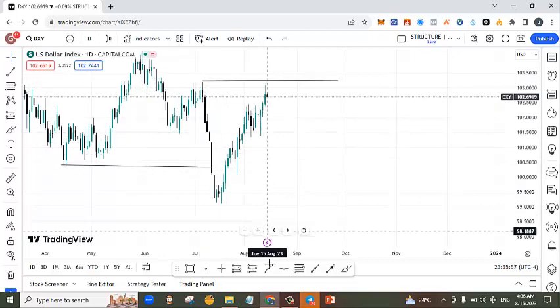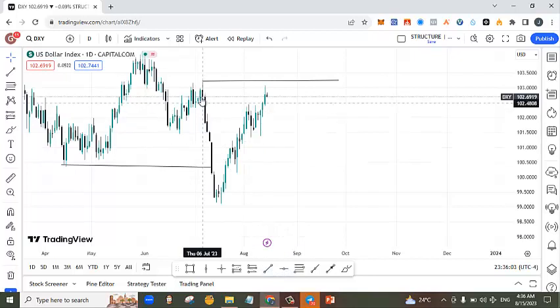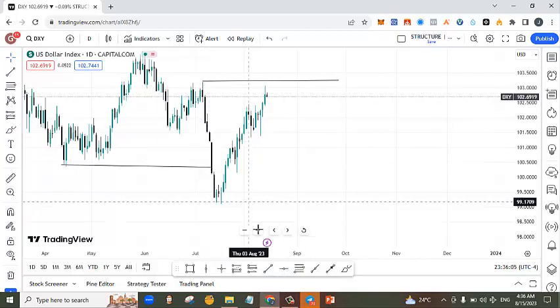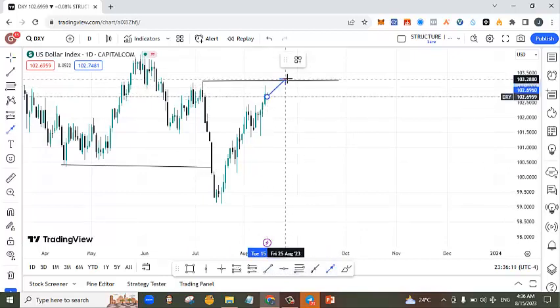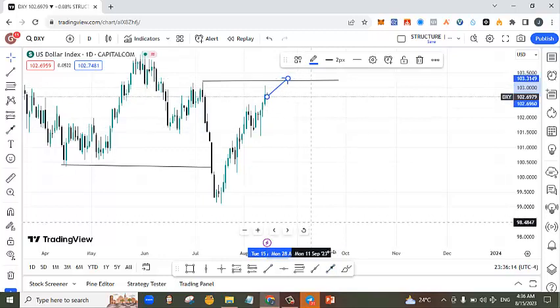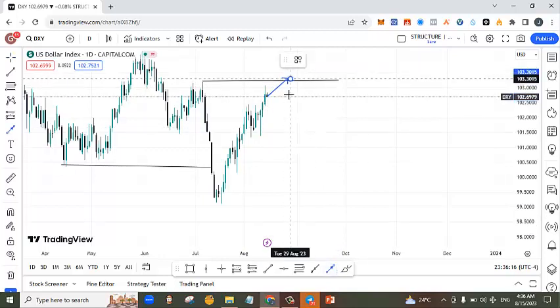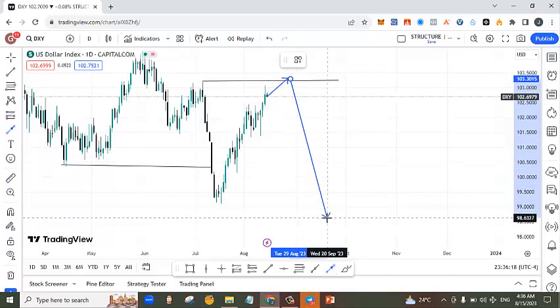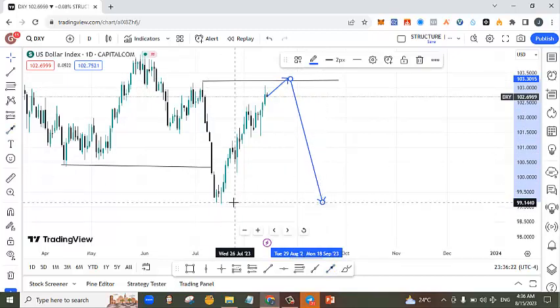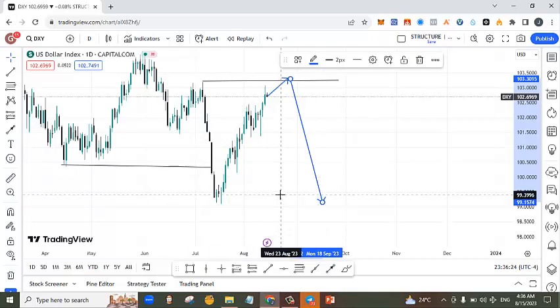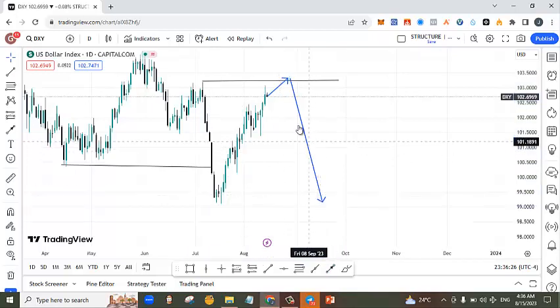So we expect that if the price is going to remain bearish, because of this drop all this way, it has to first take out this high, right? And then we expect the bearish trend to continue to at least come all the way to this low right there. So this is my expectation for DXY.